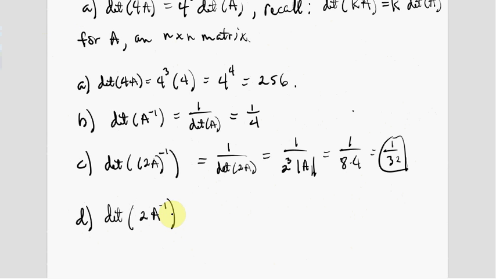But 2 to the third power doesn't go downstairs because that 2 is not under the power of negative 1. So this one is 2 to the third up top over the determinant of A. So this is 8 over 4, just 2. So you're going to watch out for C and D. Any questions?